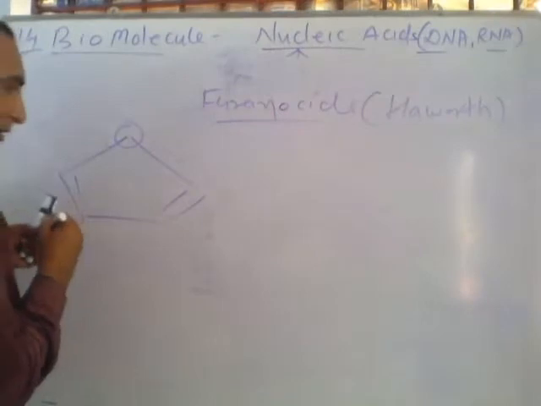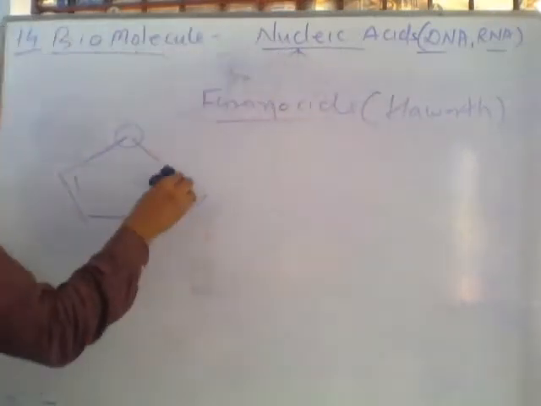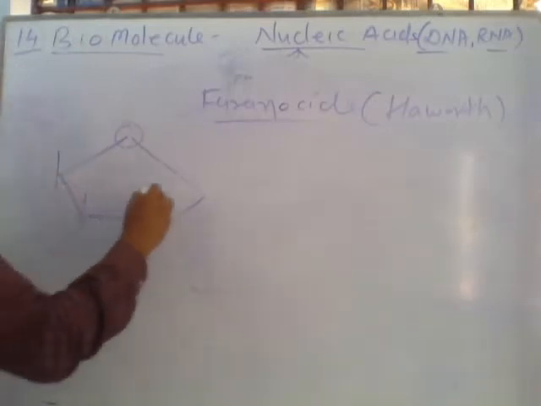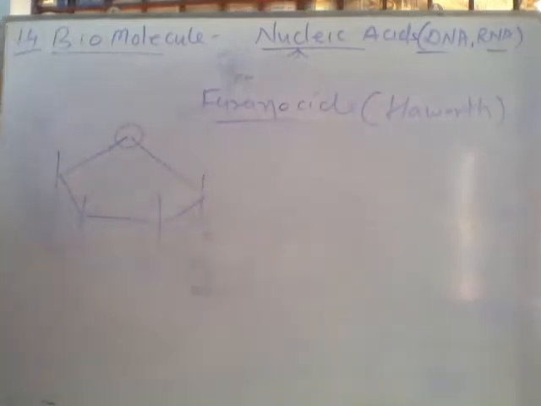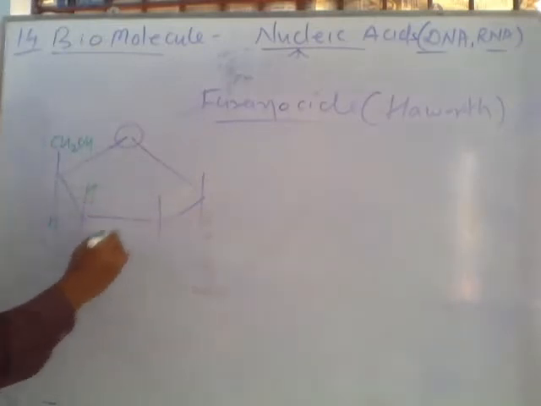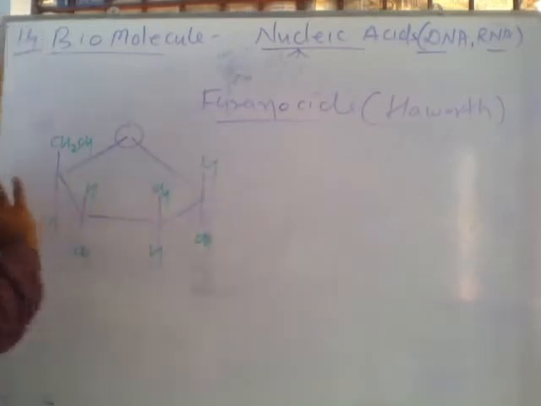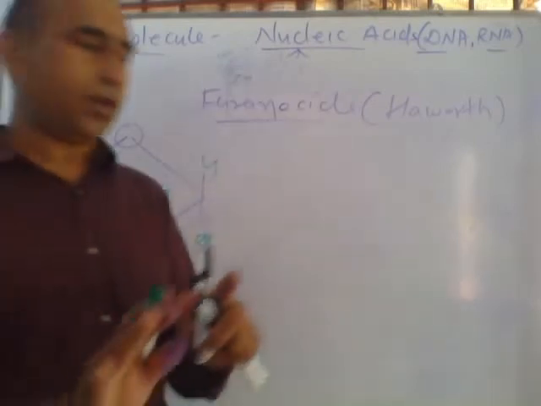So in this compound, we remove the double bond, and here, listen, I am using some groups. I am writing CH2OH, H, H, OH, OH, H, H, OH. All are alternate. Very simple.